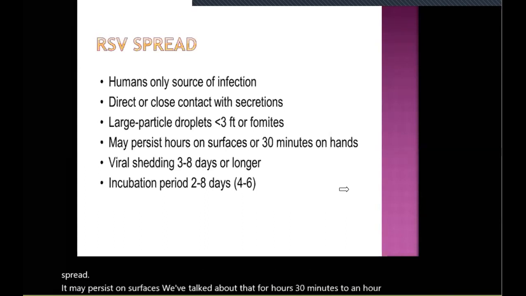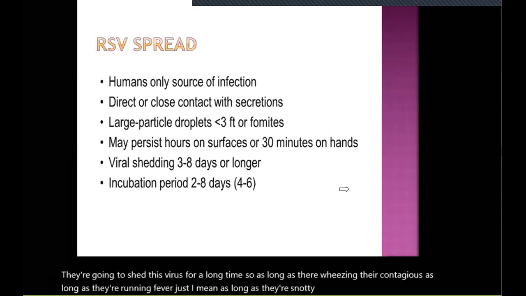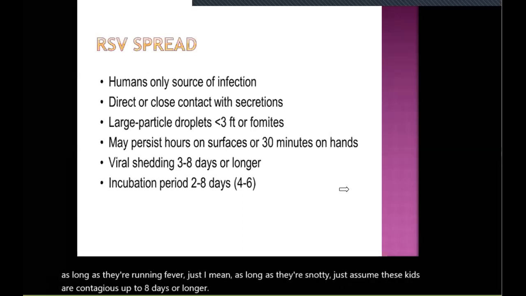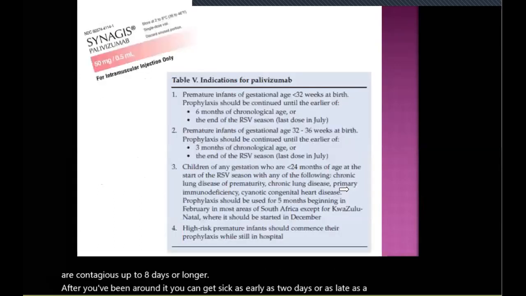They're going to shed this virus for a long time. So as long as they're wheezing, they're contagious. As long as they're running fever, as long as they're snotty, just assume these kids are contagious up to 8 days or longer. After you've been around it, you can get sick as early as 2 days, or as late as a week later, you could start showing symptoms.